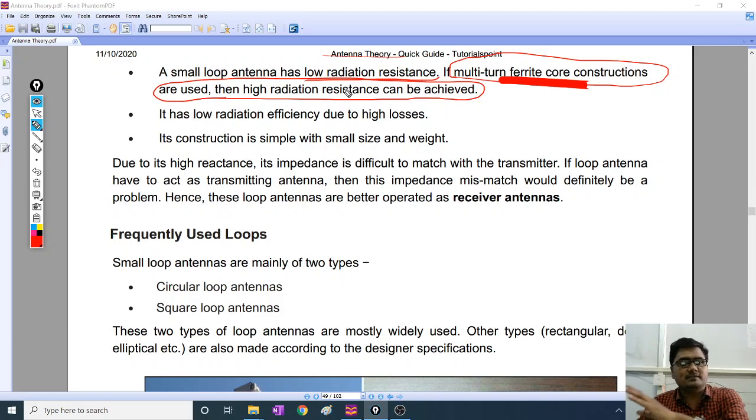So depending on the application, whether you're using those small antennas at the receiver or as a sensor, small loop antennas को हम sensor भी use करते हैं. So have you ever entered into DMart or any mall?